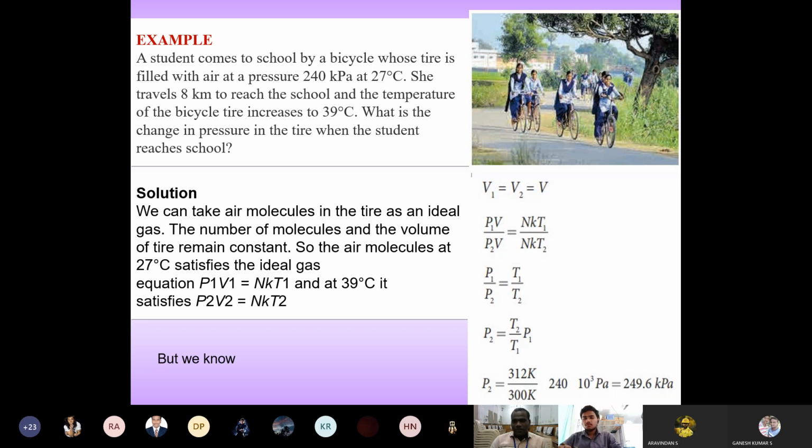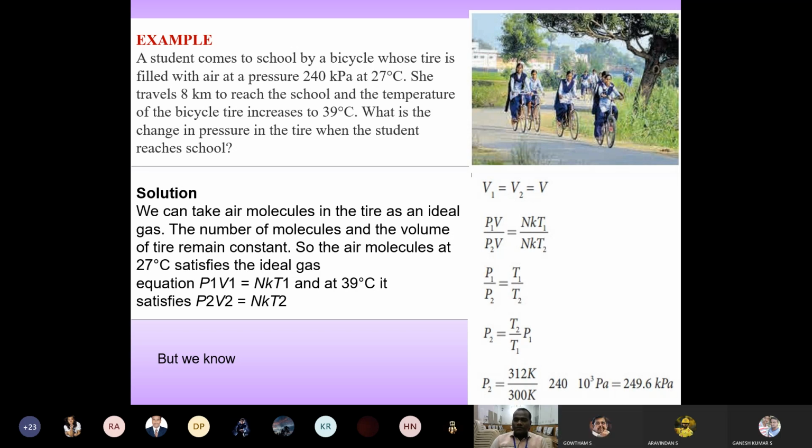Right. So we can also rewrite this formula P1 by P2 is equal to T1 by T2 as P2 equal to... So we can bring P2 to the other side, then we can bring T1 down to the other side. So we have P2 equal to P1 into T2 by T1, right?